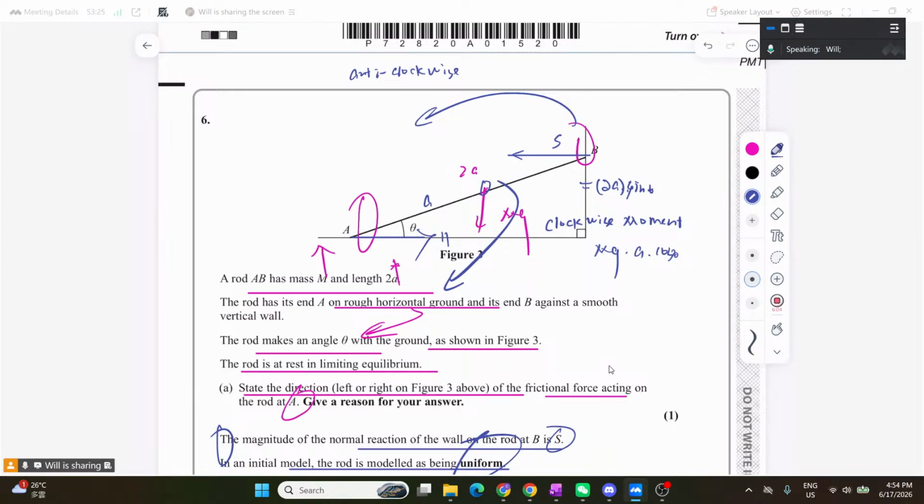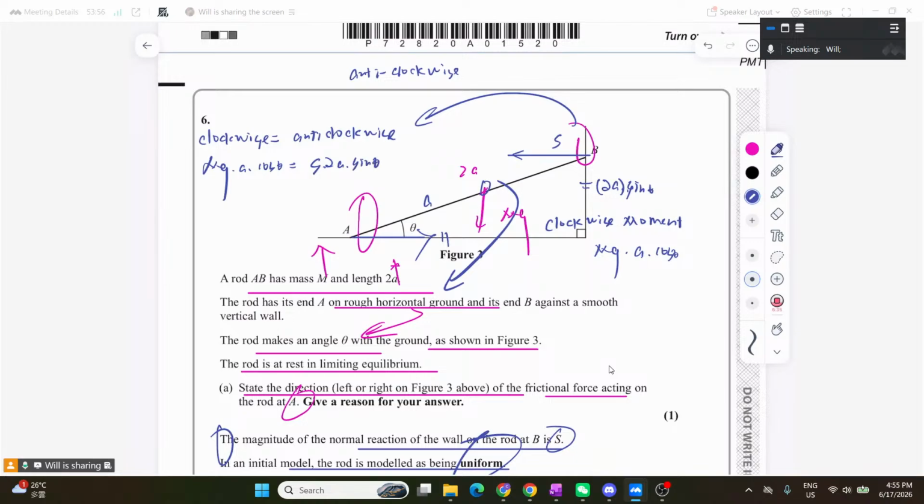And for the equilibrium, clockwise equal to anti-clockwise. We got mg times a times cosine theta equal to S times 2a sine theta.